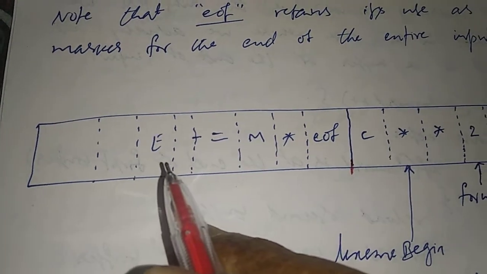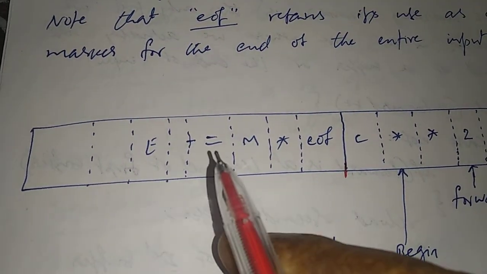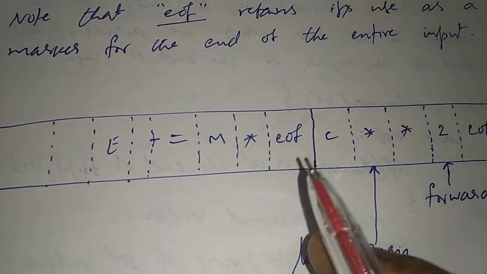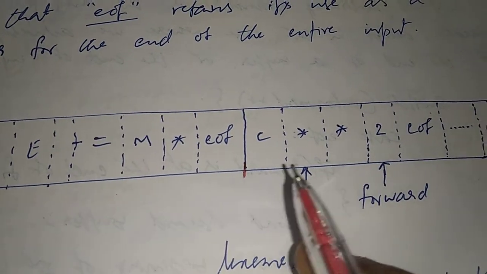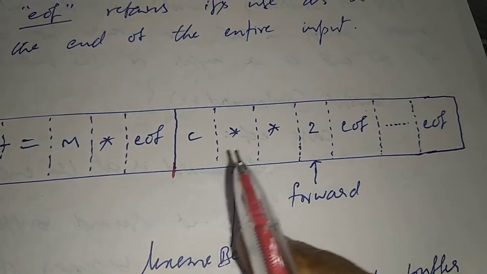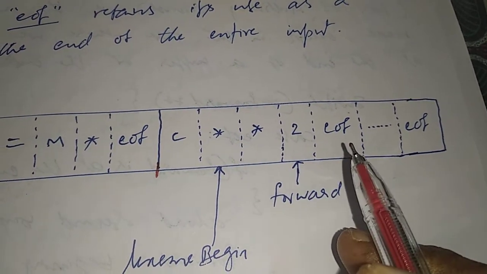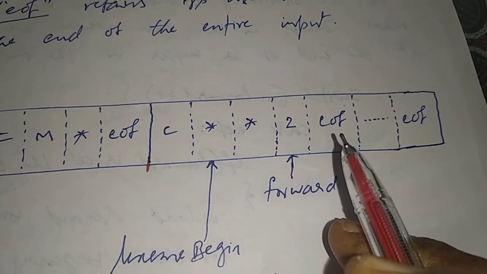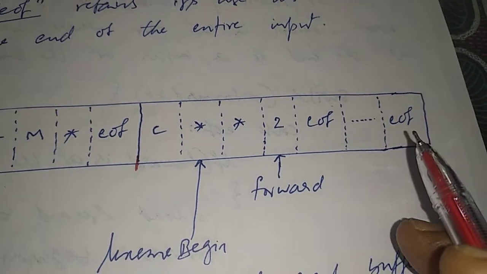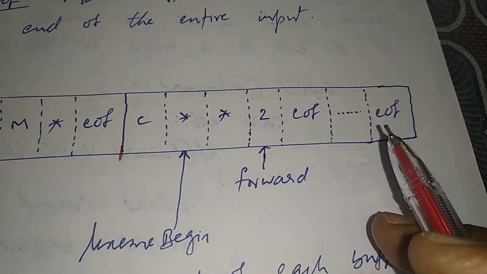When we come to the end of buffer 1, it loads the second buffer, the remaining input, and once we come to the end of the input, EOF is put here, and this EOF indicates the end of the buffer.